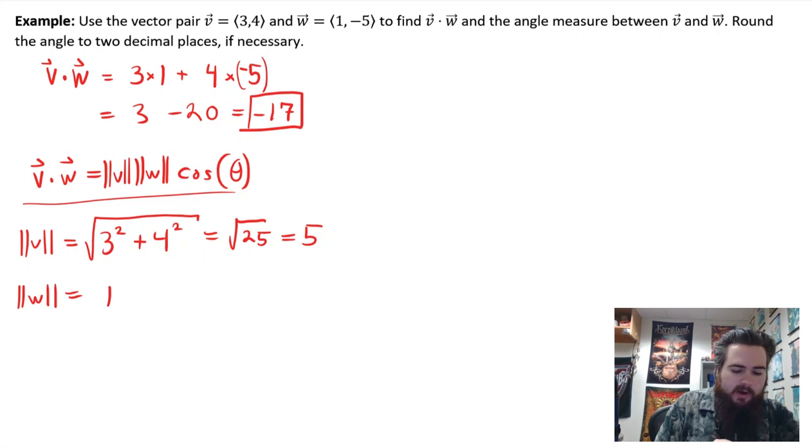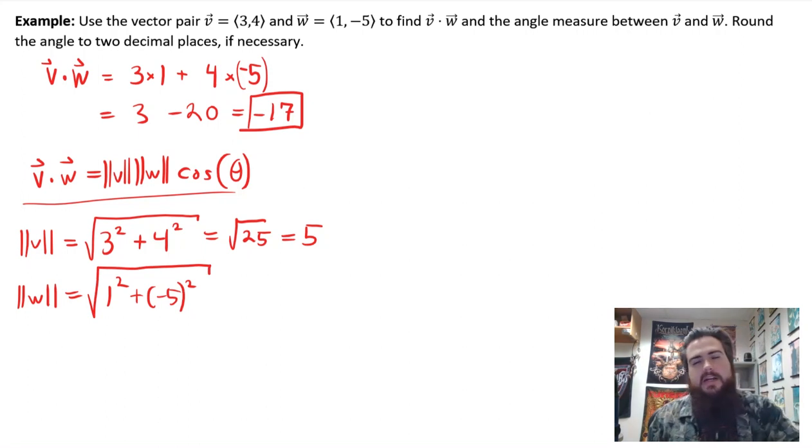We have 1 squared and negative 5 squared added and taken a square root of. Well, 1 squared is 1 and negative 5 quantity squared is 25, so that's overall root 26, which I'll just leave as it is. Not much more I can simplify with that.